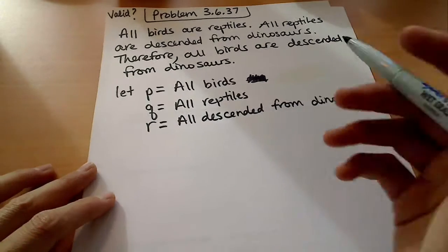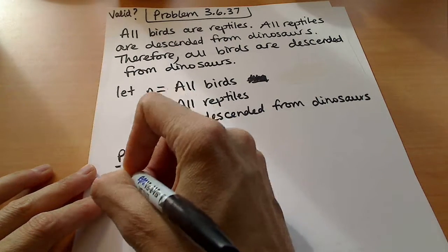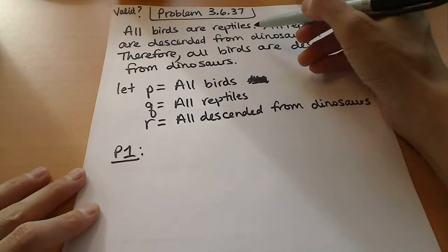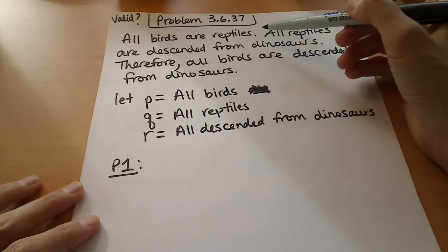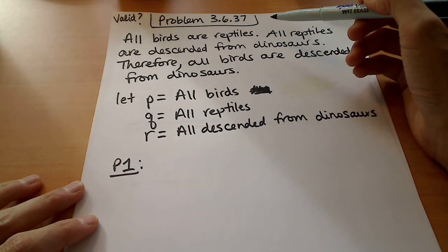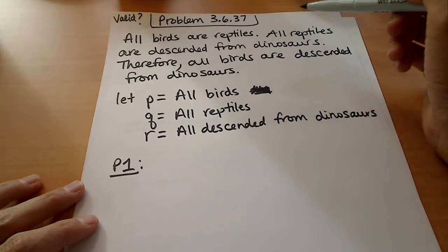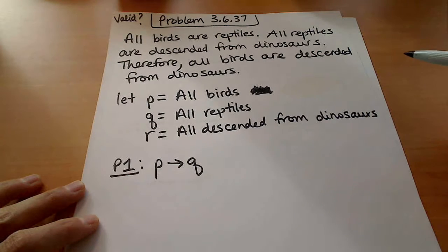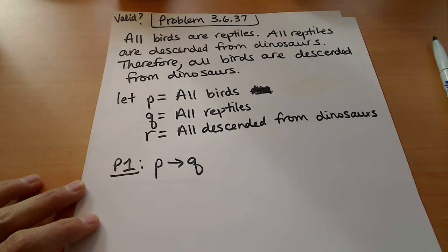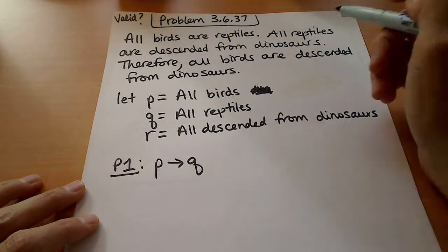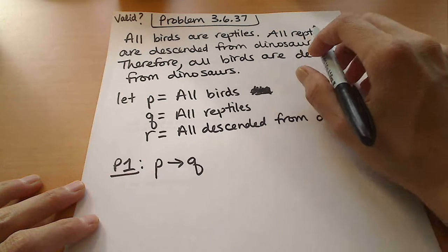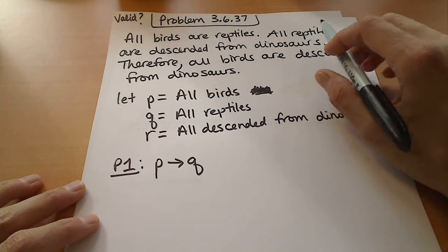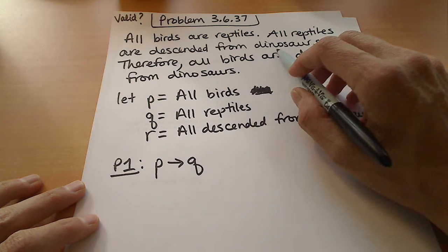Okay, so if we look at our premises, the first premise comes from this first sentence. Like I was saying, all birds are reptiles is the same thing as saying if it's a bird, then it's a reptile. So the first sentence translates into a conditional, P implies Q. The second sentence, all reptiles are descended from dinosaurs, is the same as saying if it's a reptile, then it's descended from dinosaurs.